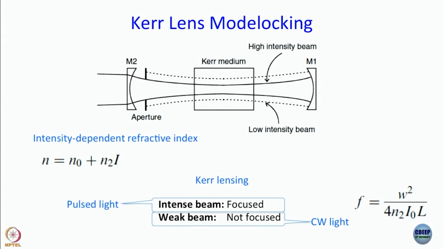So, that mode locked beam of light is going to get focused, and unmode locked CW light will not get focused. Now, if you introduce an aperture here, then the CW light which is on the outer side is going to get cut, and the intense mode locked light which is at the center will not get cut. So, it will go through. So, only the pulsed operation will be sustained, CW operation will not be sustained.